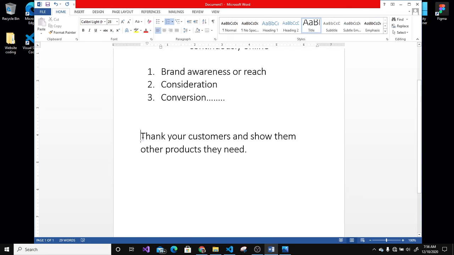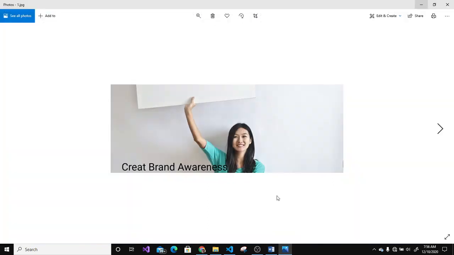This is actually a bonus tip. You don't need to do this, but I recommend that you do it. Thank your customers and show them other products they will need. After you've thanked them, you might also introduce a very good product, a very good app, or a very good offer that they would like. So this is a brief picture of how you can literally do this.